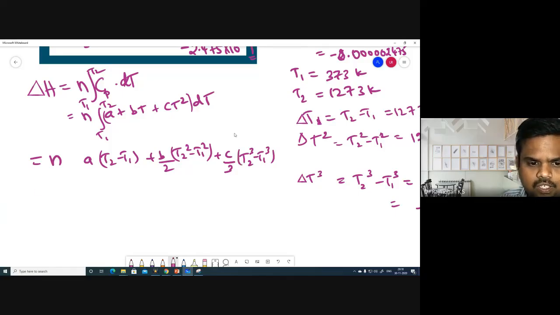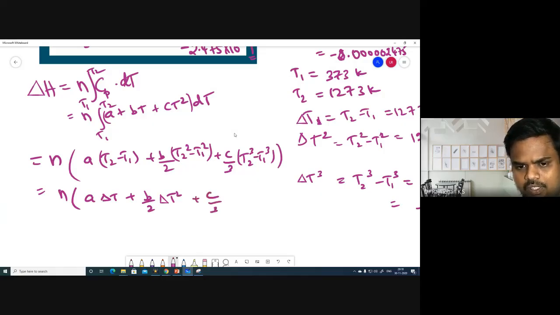Which I can write as N into A delta T plus B by 2 delta T square plus C by 3 delta T cube.